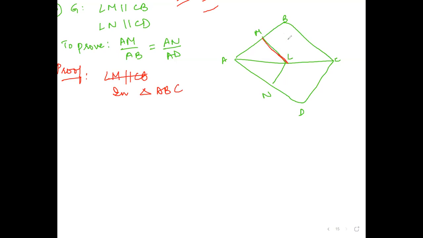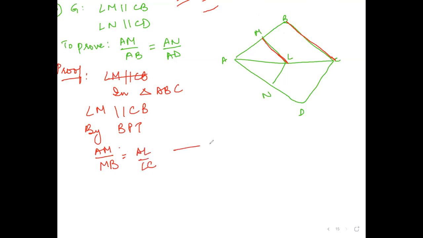I mean, this side is parallel to this side. So I can use BPT because LM is parallel to CB. So by basic proportionality theorem, AM upon MB is equal to AL upon LC.